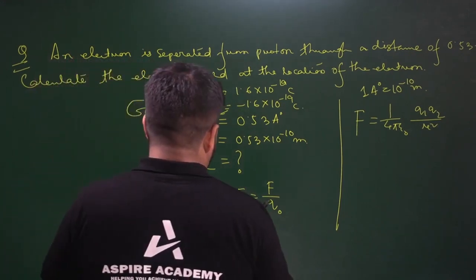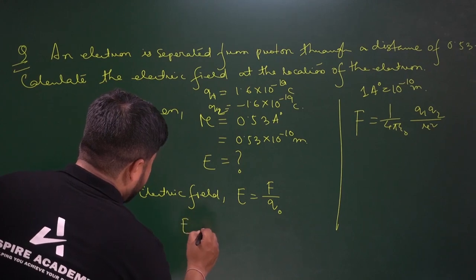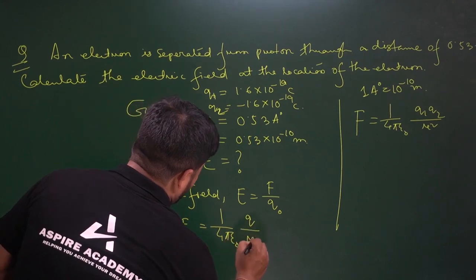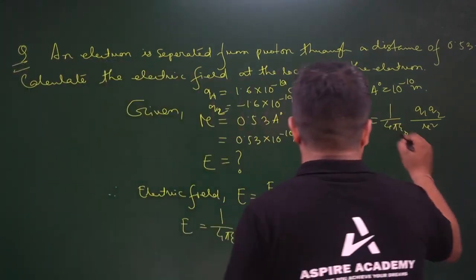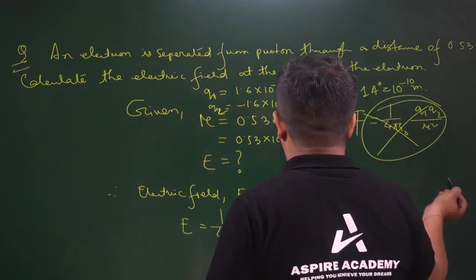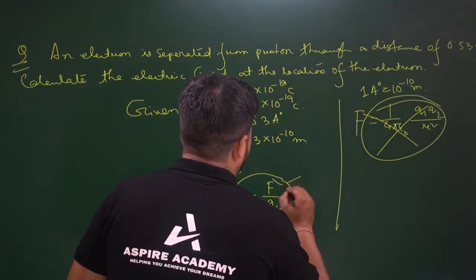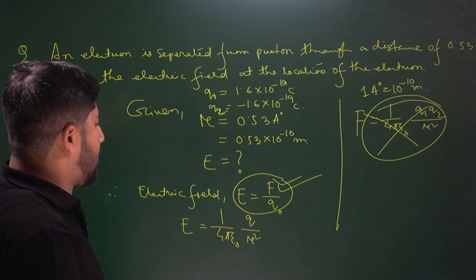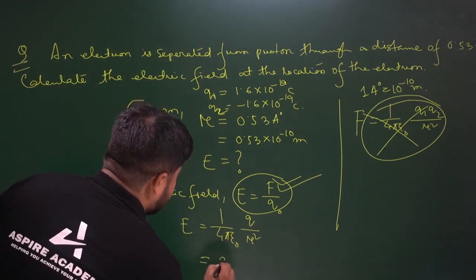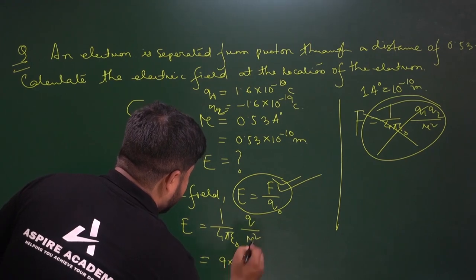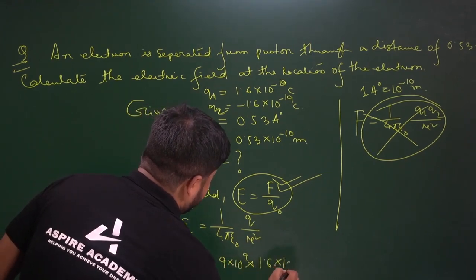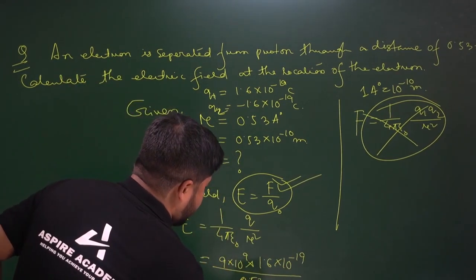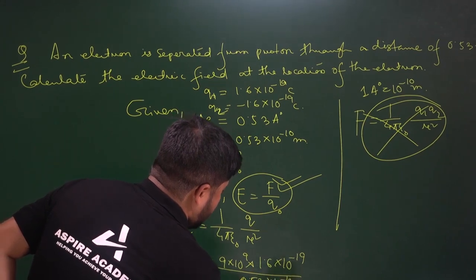So E is equal to F by q naught, or we can write E is equal to 1 by 4 pi epsilon naught Q by r square. The first process is very lengthy, so that's why we use E equal to 1 by 4 pi epsilon naught Q by r square. 1 by 4 pi epsilon naught is 9 into 10 to the power 9, into Q, the charge, 10 to the power minus 19, divided by 0.53 into 10 to the power minus 10 whole square.